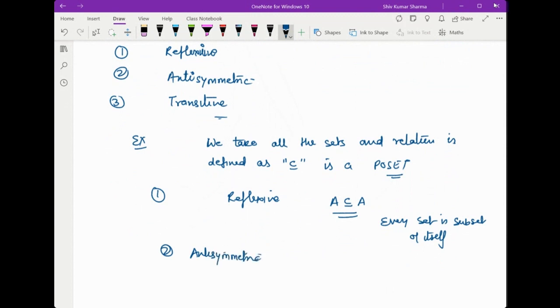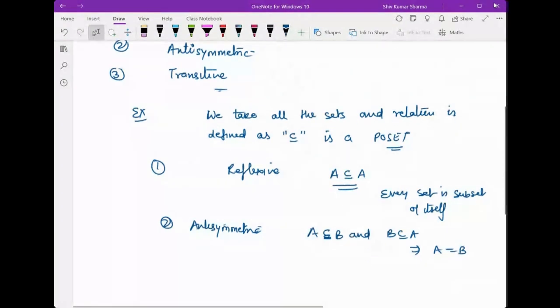For the antisymmetric relation, we write: A is a subset of B and B is a subset of A, which implies that A equals B. So we satisfy this property, called antisymmetric.